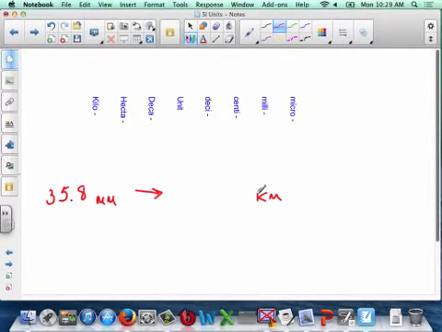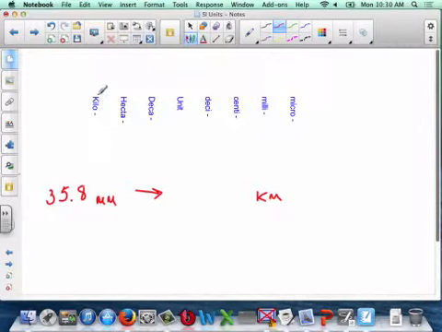Kilo, right? So I start at milli, and all you have to do is count. I have to count how far I have to move to get to kilo. So starting at milli, there's 1, 2, 3, 4, 5, 6.